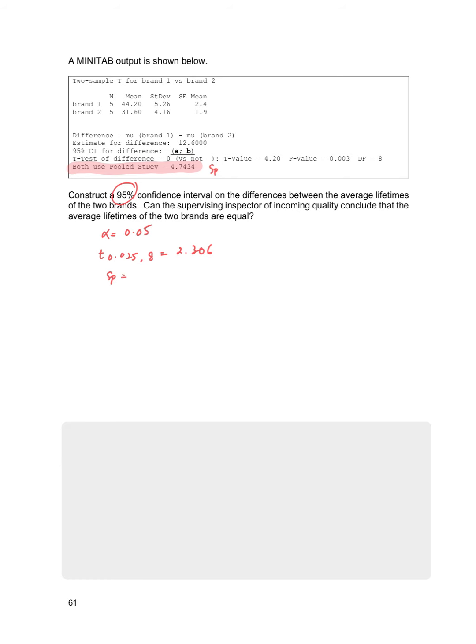SP is given to you, 4.7434. So x bar 1 minus x bar 2, 44.2 minus 31.6, plus minus t alpha over 2, df is 2.306. Okay, darab dengan SP 4.7434, 1 over 5 plus 1 over 5.